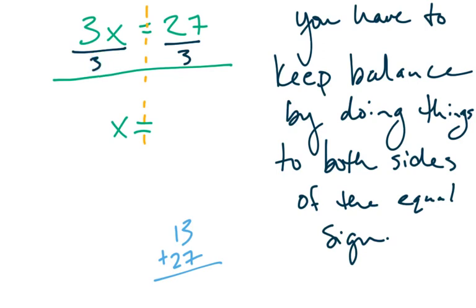So I'm going to write 1x equals, and 27 divided by 3, and you can use your calculator here, is 9. Now, very important, we never write 1x. If I have 1x, I don't need to write a 1. I just write x. Okay?